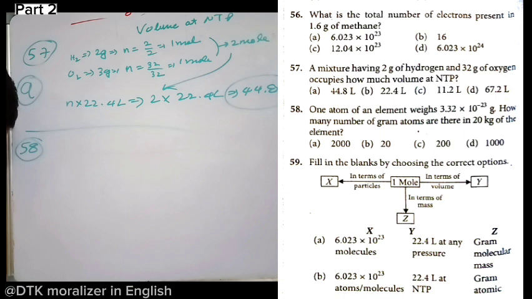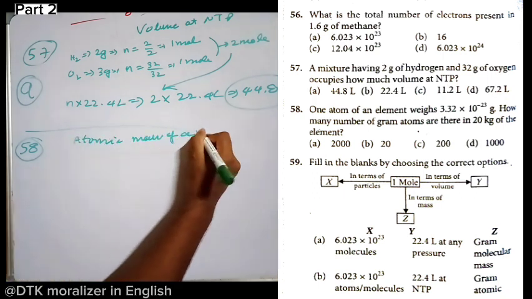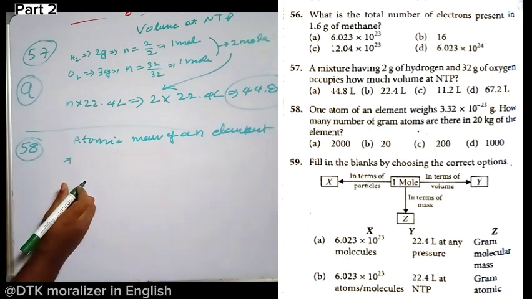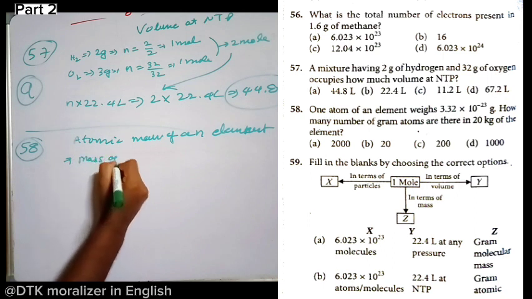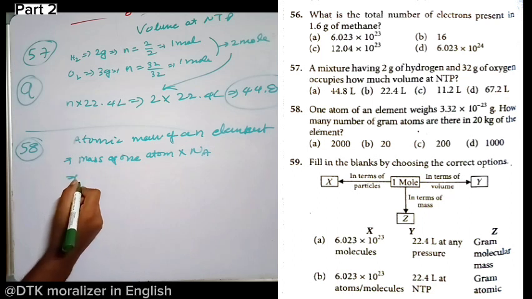Now question number 58. One atom of an element weighs 3.32 into 10 power minus 23 grams. How many gram atoms are there in 20 kg of the element? Here gram atoms means moles. Atomic mass of an element is equal to mass of an atom into Na.